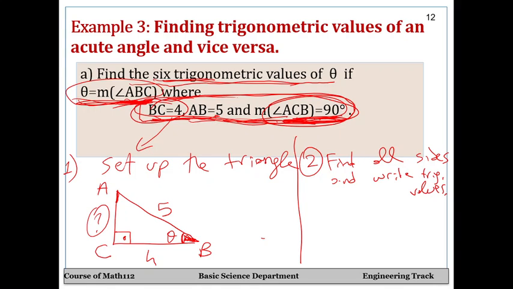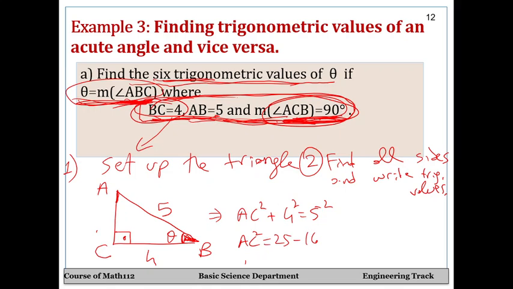So how can we find this AC? By Pythagorean, you can say AC squared plus 4 squared is equal to 5 squared, and this AC squared is equal to 25 minus 16, which is 9, so AC is equal to 3. Now, by using Pythagorean, we got this one, 3.